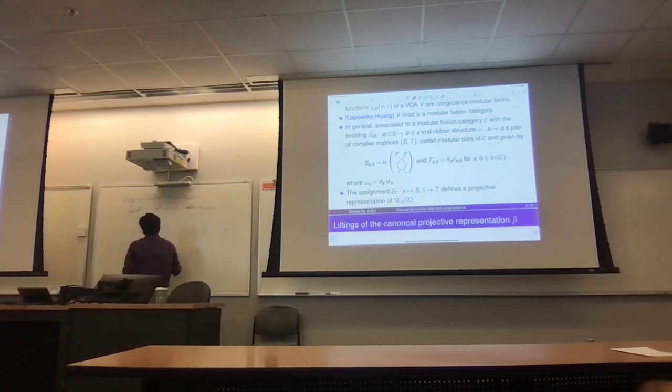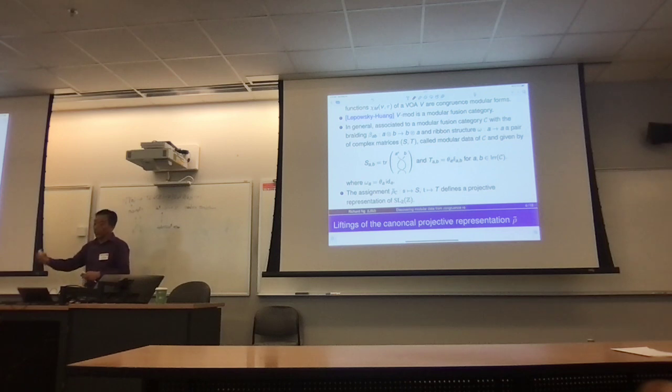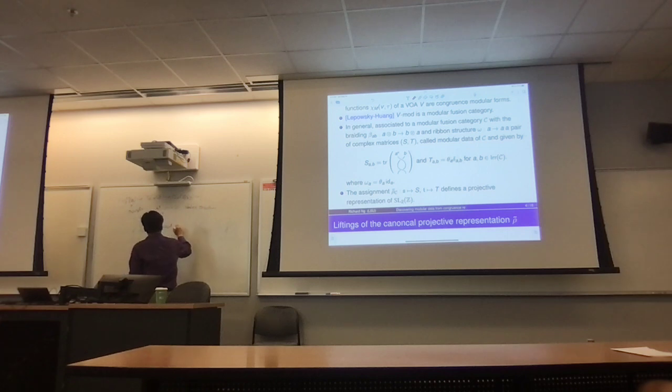So maybe that's a good juncture to say the ribbon structure is in one-to-one correspondence with the spherical structure, if you fix the braiding. So that means if you fix a ribbon structure, you get a way to take the trace. They are corresponding. You cannot pick another spherical structure and hope to get something nice. They will be off a little.